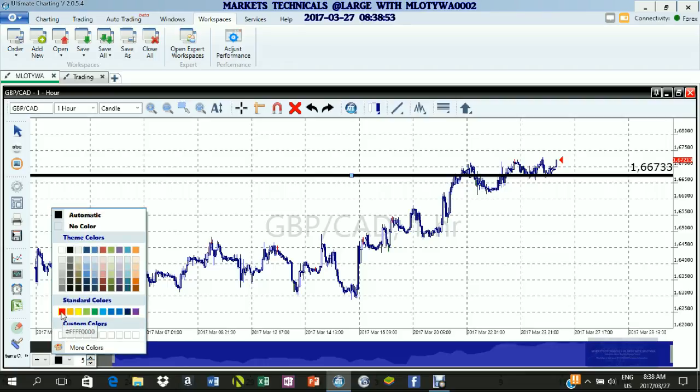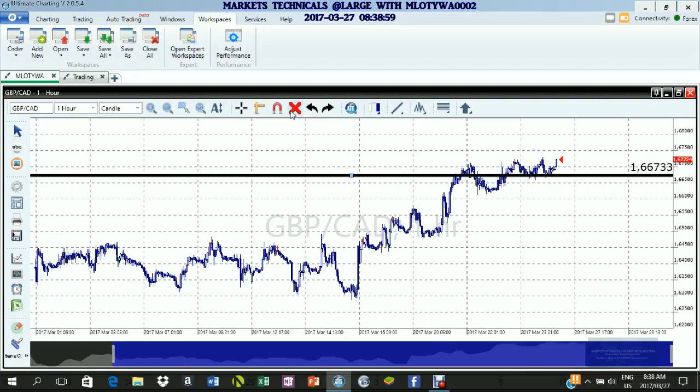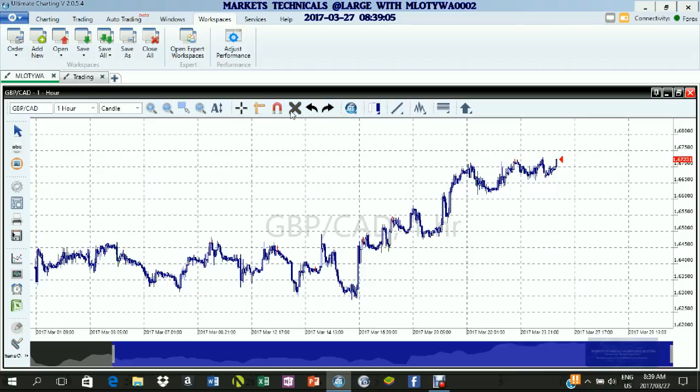Now, as you know, every day when we do this analysis, we begin by looking at specific things such as support and resistance. So now I'll look at the active supports.